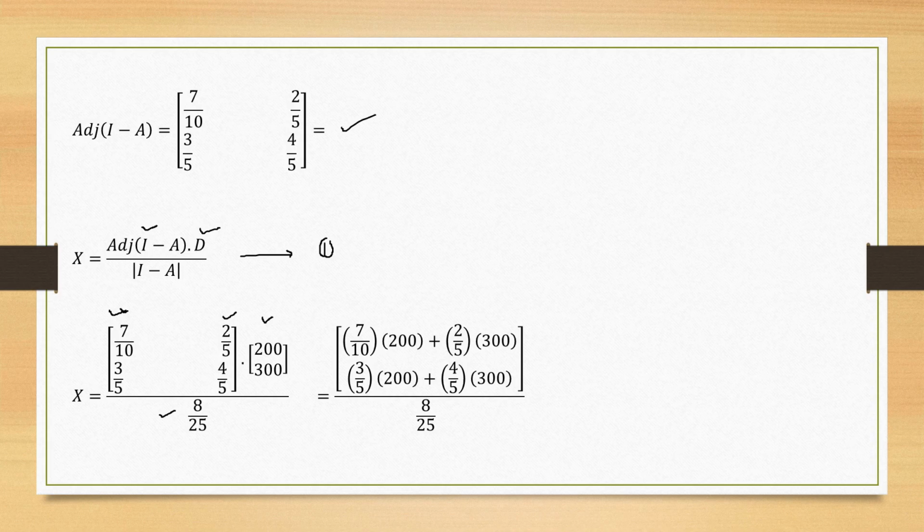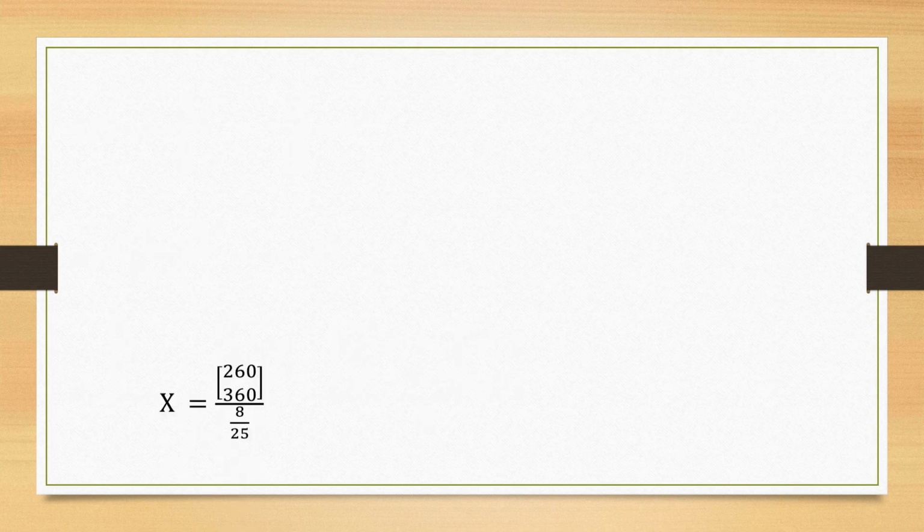Similarly, for the second row, 3 by 5 is multiplied with 200, plus 4 by 5 multiplied with 300. After this calculation the matrix is 260 and 360, divided by the determinant of I minus A.